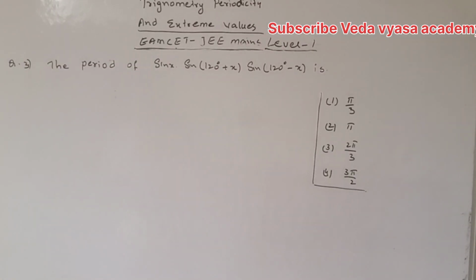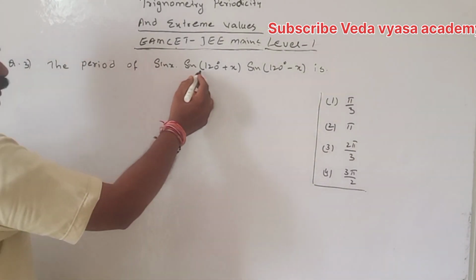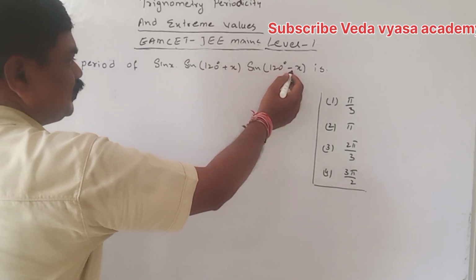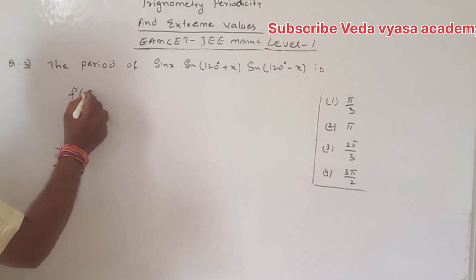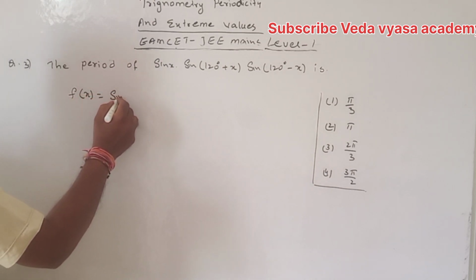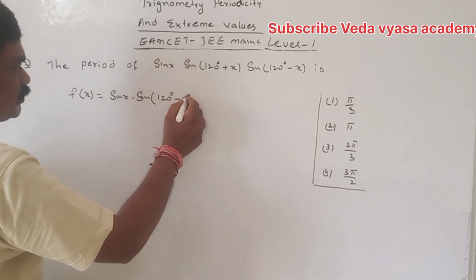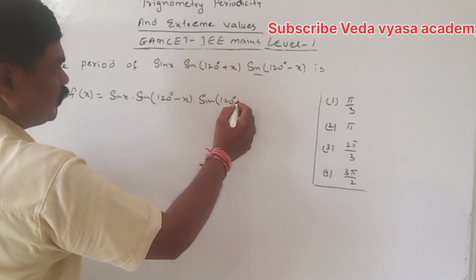Here viewers, we have the problem: the period of sin x sin(120° + x) sin(120° - x). So we have f(x) equal to sin x into sin(120° - x) first, and then 120° plus x.